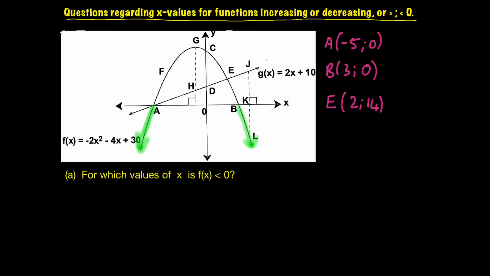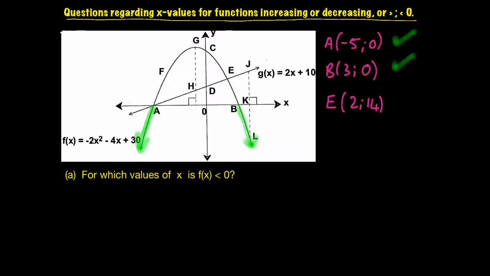So how do we write that down? We need these two coordinates at a and b. So we can see that for the values of x that are less than a, look where the arrow is, for the values of x that are less than a, this parabola or f of x will always be below the x-axis. And for values of x that are greater than b, this parabola or f of x will always be again below the x-axis so that the y values are less than 0.